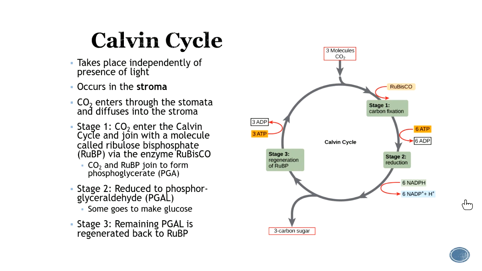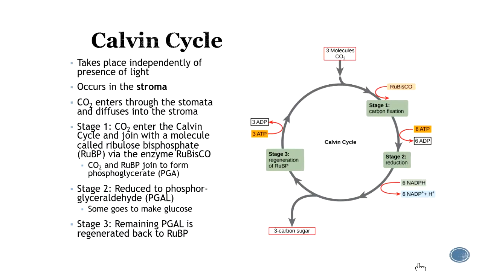In the process of reducing it, we're going to get rid of some of these electrons that we picked up. We have to harvest them, and it takes energy to convert it to this molecule, which is not shown on here, that PGAL. Now, some of the PGAL will exit the cycle. The rest will be regenerated and converted back, and then it just keeps repeating over and over again.